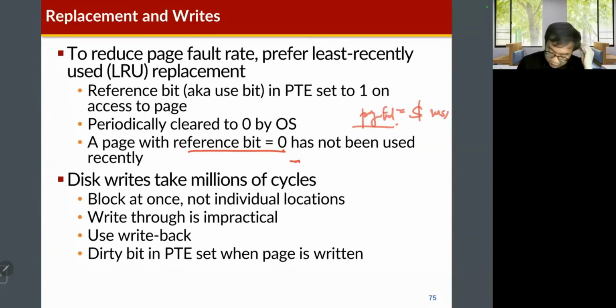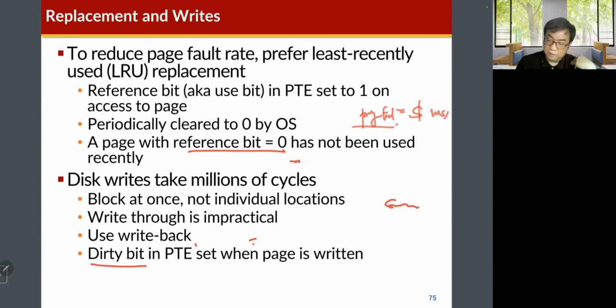Okay, and then also storage is very slow, right? So which means that the write-through policy is impractical because the storage is very slow. So we use the write-back policy for virtual memory. Okay, so which means that the page table entry also includes the dirty bit.